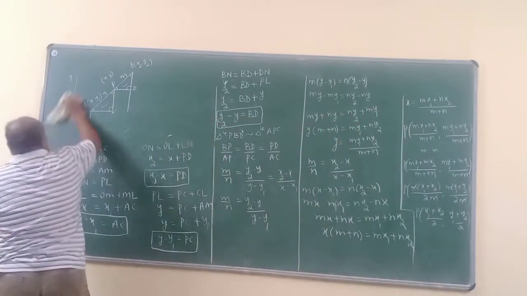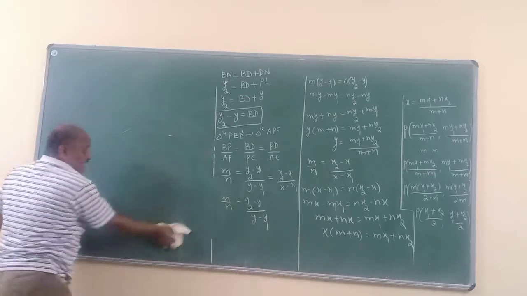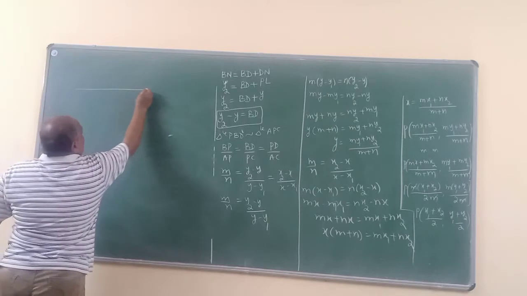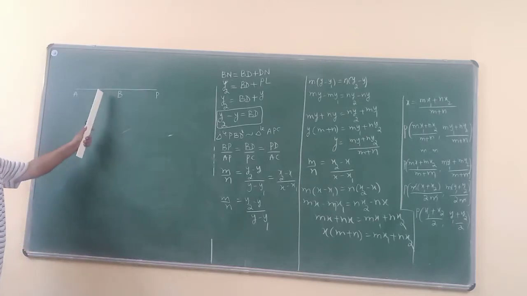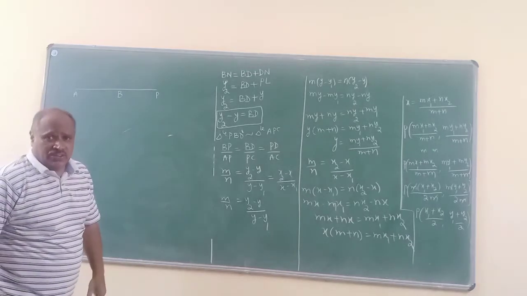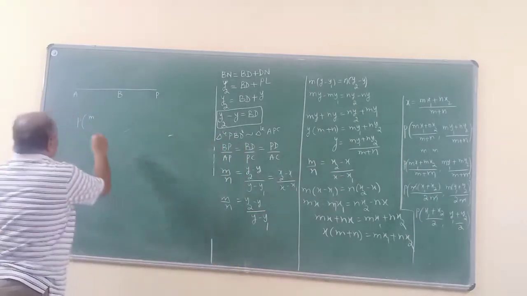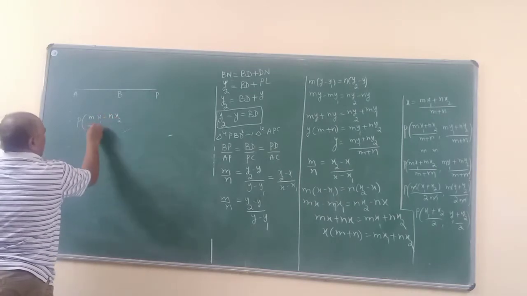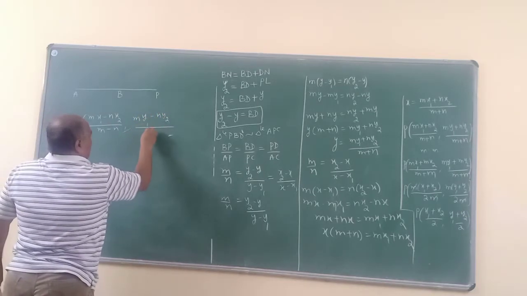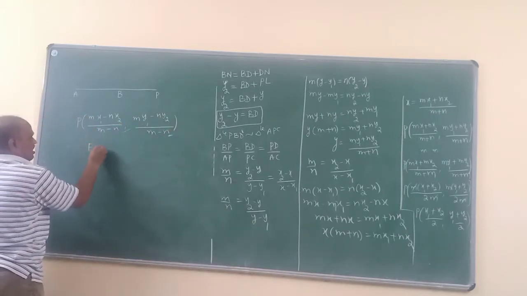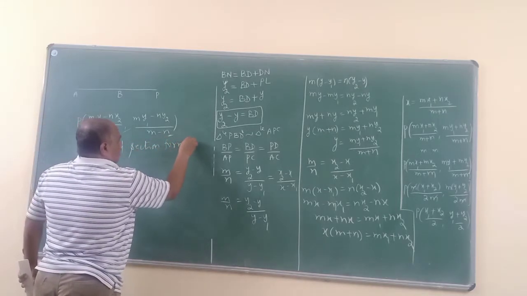Suppose the point P divides AB externally in the ratio m:n, then the section formula becomes this one: (mx1 minus nx2) divided by (m minus n) and (my1 minus ny2) divided by (m minus n), what we call the external section formula.